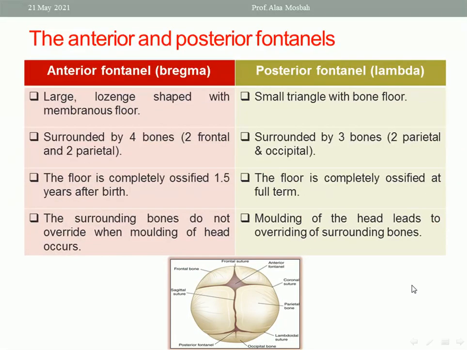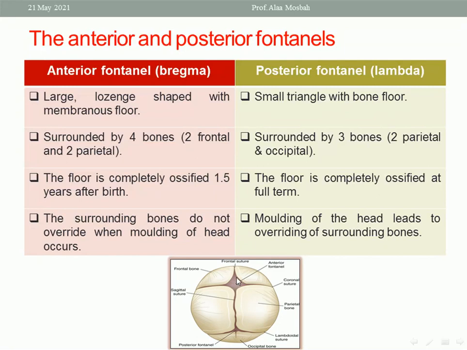So what is the difference between anterior and posterior fontanelle? The anterior fontanelle is also called the bregma. Please look at this picture. This is the anterior fontanelle or bregma, and this is the posterior fontanelle or lambda. As you see, the anterior fontanelle is larger. It has a membranous floor.